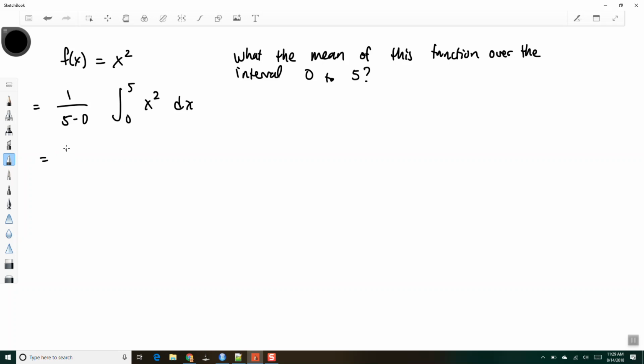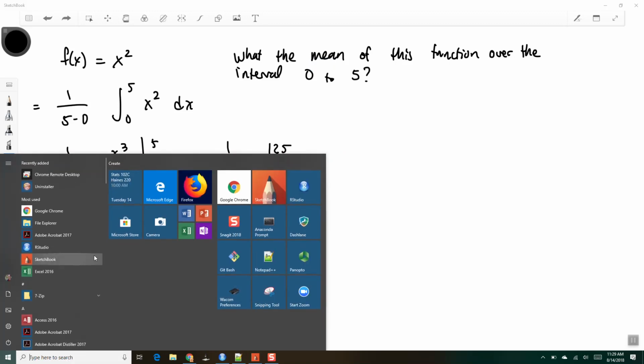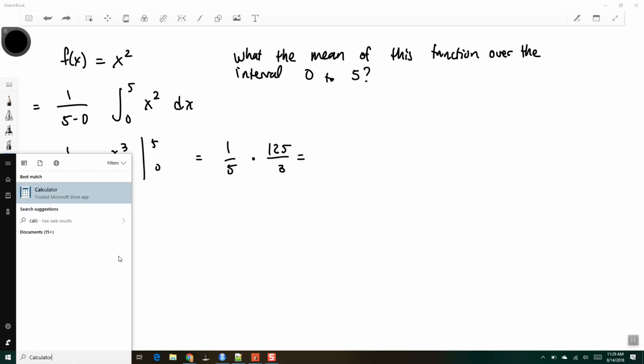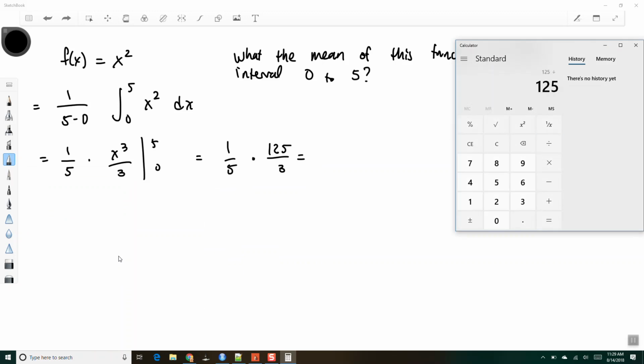This is the definition here. So I have 1/5 times x cubed over 3 evaluated from 5 to 0, so 1/5 times 125 over 3. Is that right? 125 over 15, I don't know, what is that? 8.333.